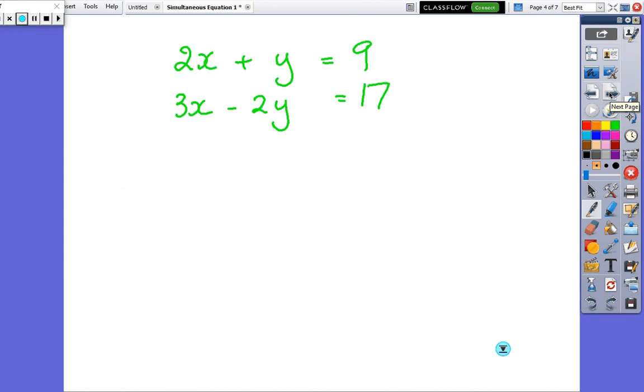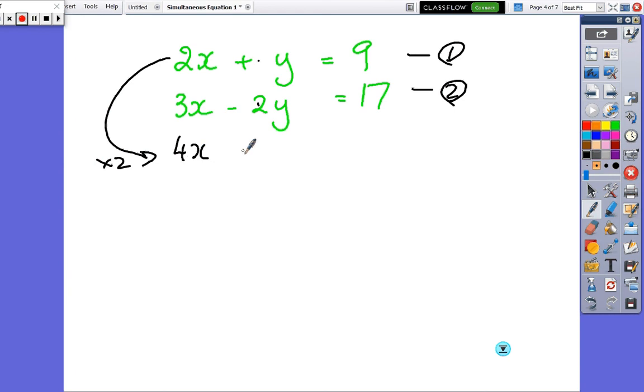Now we're looking at another equation, and I've done it deliberately so that this is equation 1 and this is equation 2. If I add or subtract the equations, neither of the letters is eliminated because they don't have the same coefficient. But in equation 1, if I multiply everything by 2, I get 4x plus 2y equals 18, and now we have the same number in front of the y's.